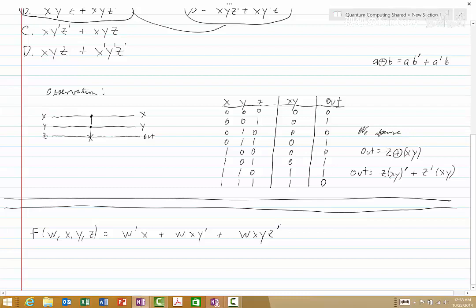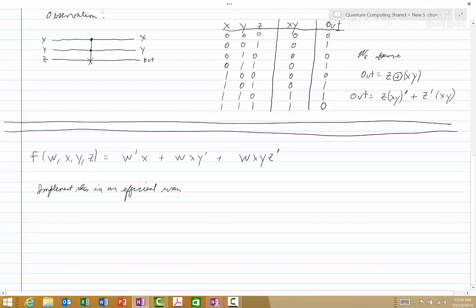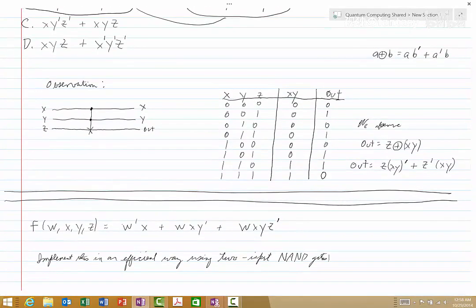This is an example. Now if we were challenged with, let's say, implementing this in an efficient way using two-input NAND gates. Now, one observation before we go any further.